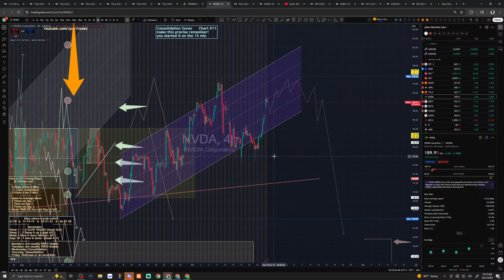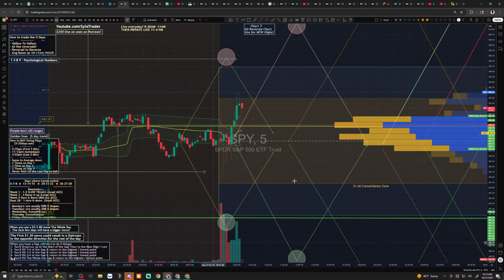Up 400% now on the event contracts for SPY. Let's go take a look at it. I'm just going to sell it here.